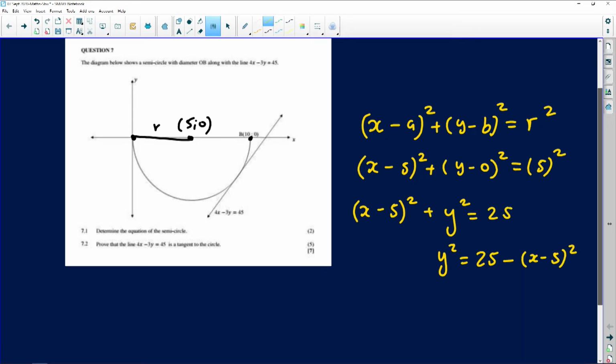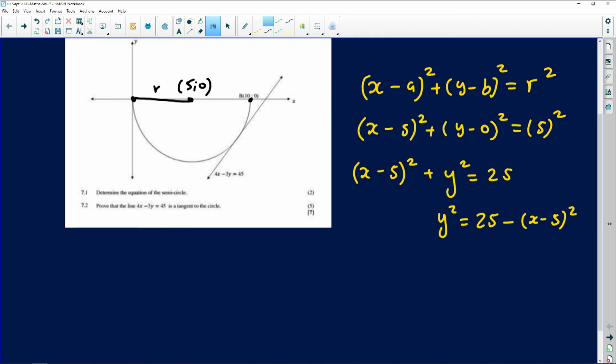Remember, if you want to make y the subject of the formula, you need to take the square root on both sides of the equation. That means my y will then be equal to the square root of 25 minus (x minus 5) squared. Now what I'm looking at here is actually incorrect. Why? Because if you take a square root, you need to remember that it's always plus and minus. Well, what does that really mean in the context of what our graph looks like? In this case, it happens to be our circle.